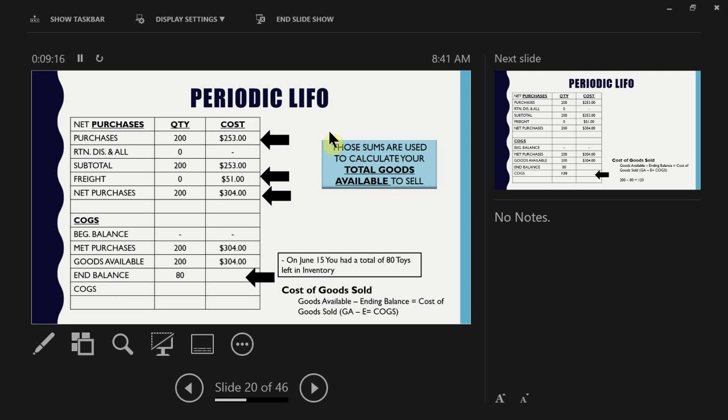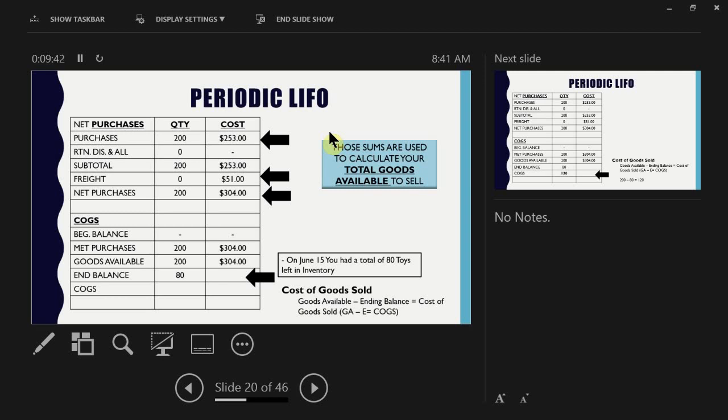Okay. No returns and allowances. So therefore my items here are still going to stay the same. And then I'm going to add my freight, which does not increase quantity, but it does increase the cost. So now I have my total net purchases as my 200 items at $304.